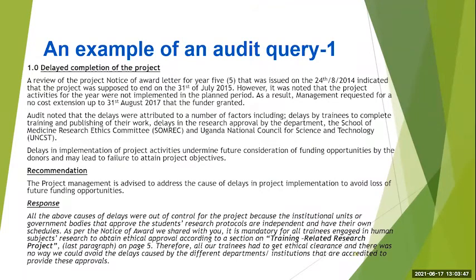So it was supposed to end in 2015, but we ended in 2017. Because the auditor did not know that with NIH there is that leeway to request a no-cost extension, she came up with this query and a recommendation. She queried delays in implementation of project activities.